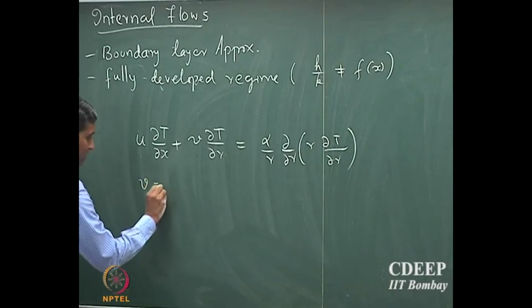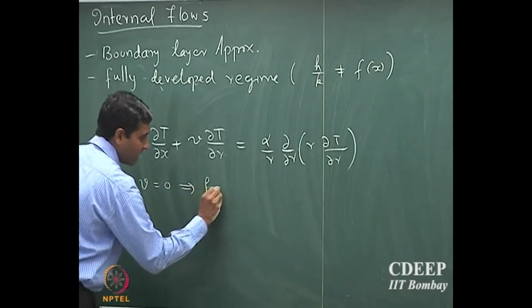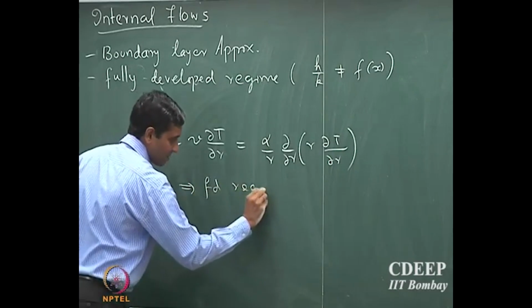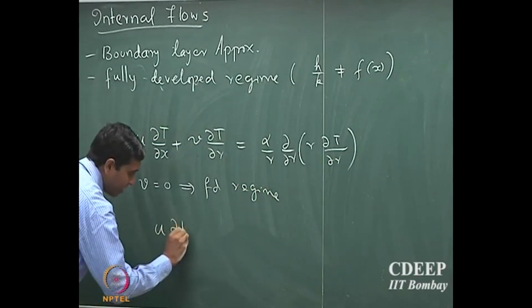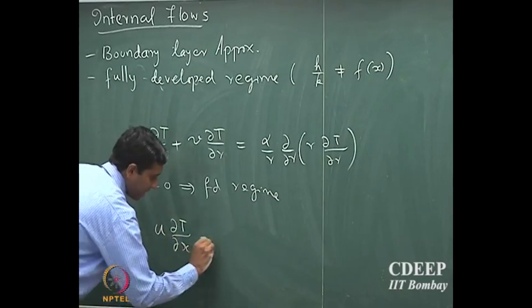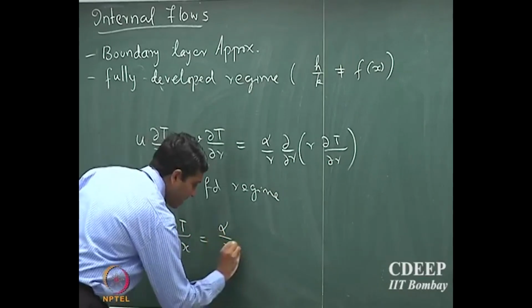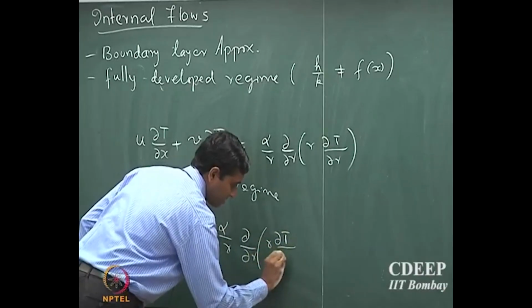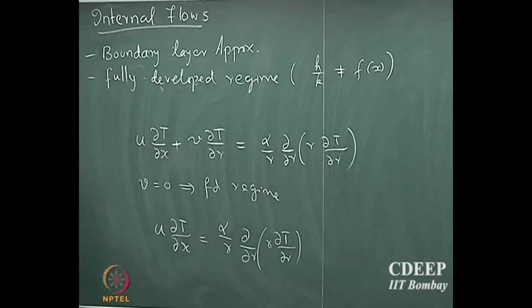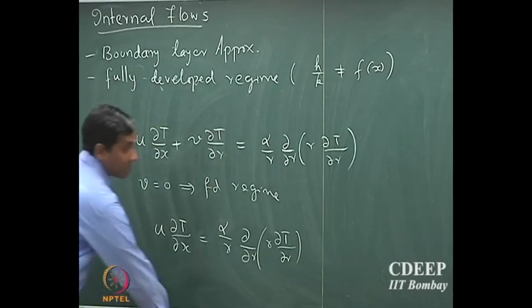So the equation essentially boils down to u dT by dx equal to alpha by r d by dr of r dT by dr.